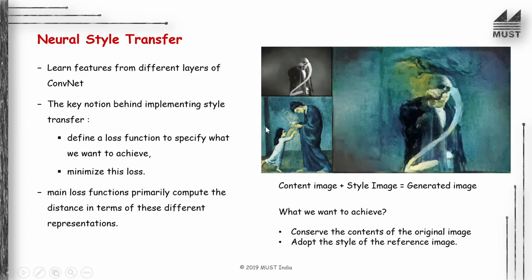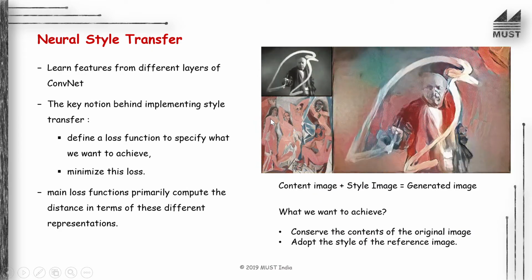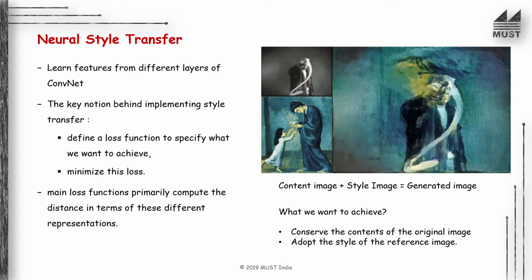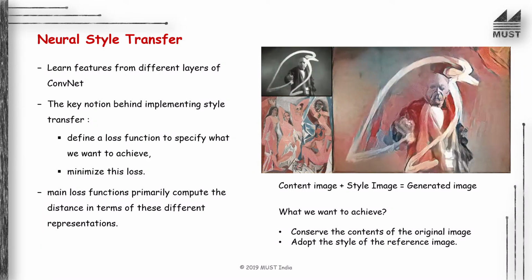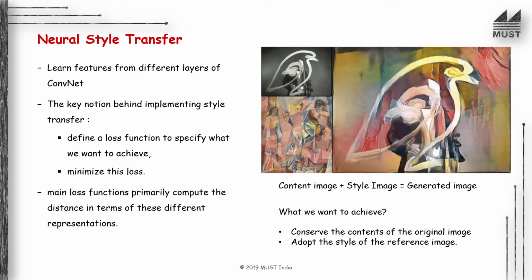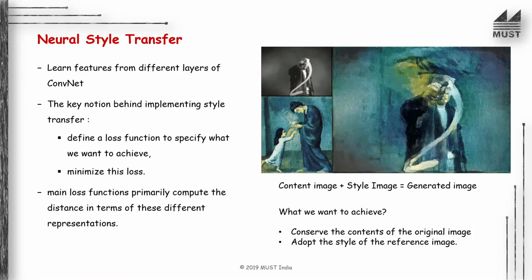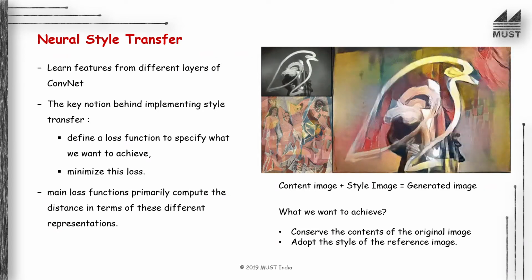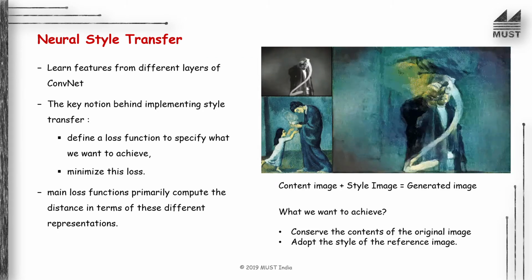So here in neural style transfer, what do we exactly want to achieve? We want to keep the contents of your original image and adopt the style of your reference image. Through all layers of your training, the style of your style image remains consistent.